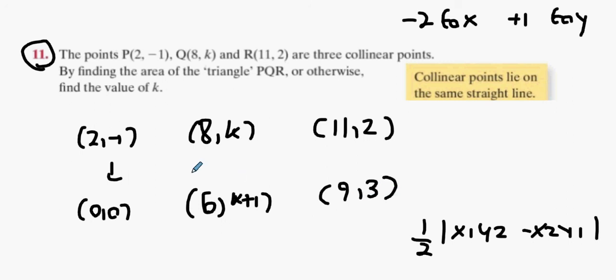Then you just put in your values, don't you? And you've got to figure out what k value causes it to be equal to 0. Is that okay? Put those points into the calculator, then figure out what k value causes it to be equal to 0. So you guys will finish that off yourselves later on, okay? You're doing 11 on your own later on.